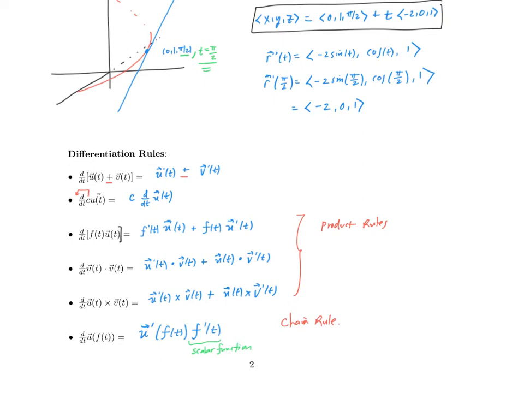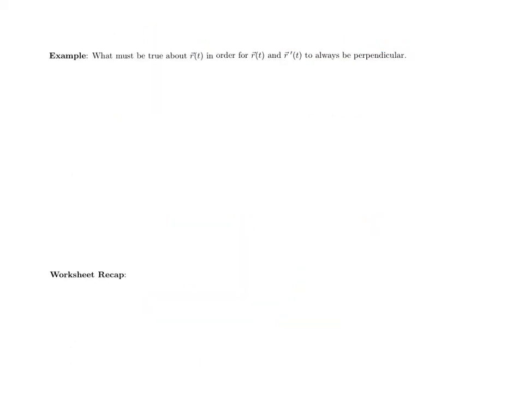To continue on our discussion of the derivative, I'm now going to flip to page 4 to see a more theoretical type question. On page 4, we're asked a seemingly weird sounding question. What must be true about the vector valued function r of t in order for r and its derivative to always be perpendicular?